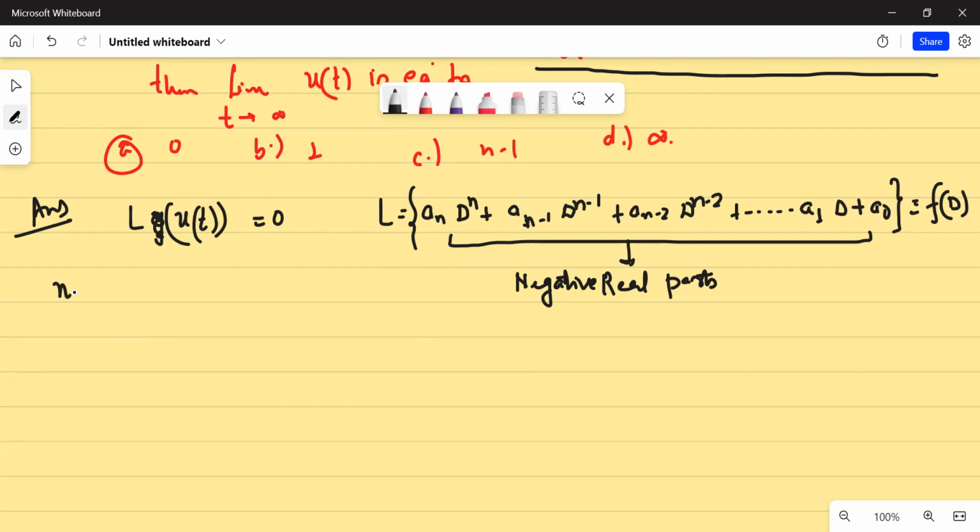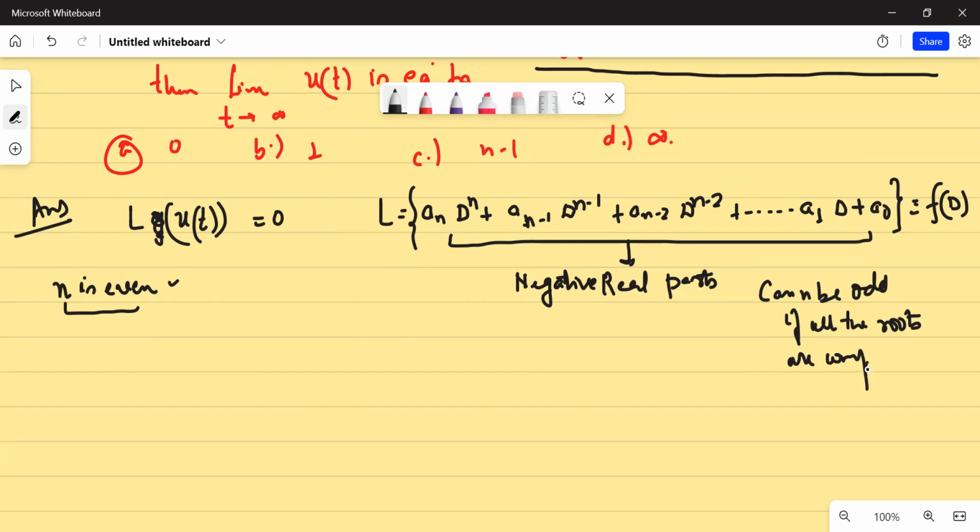and let's say, I'm not going to complicate it much, but let's say n is an even number. Just, if somebody is understanding, can n be odd if all the roots are complex? I'm considering the case where all the roots are complex only.